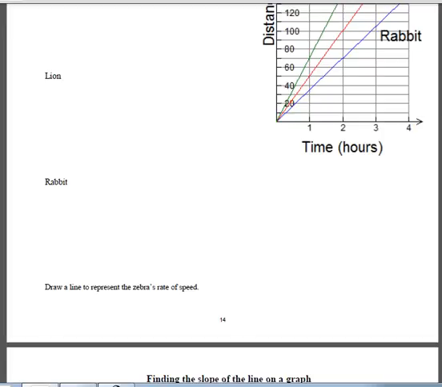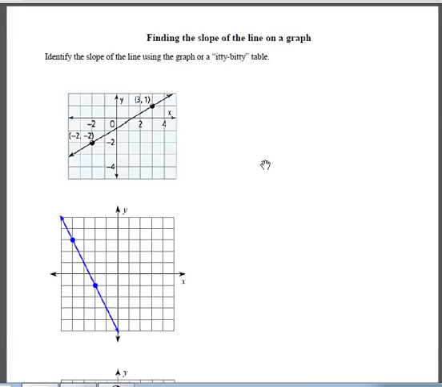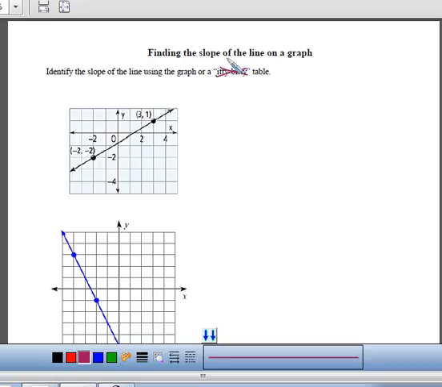Okay, so next page, page 15. Identify the slope of the line using graph, or I knew it said itty bitty table. I don't like itty bitty. Mini table. Okay. Alright, so if we're going to use the graph, you do your rise over run.